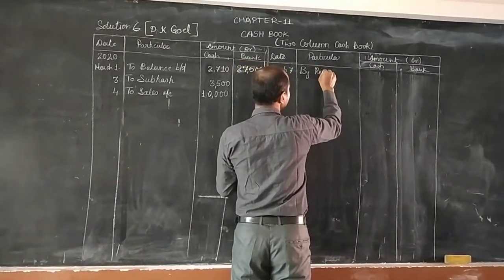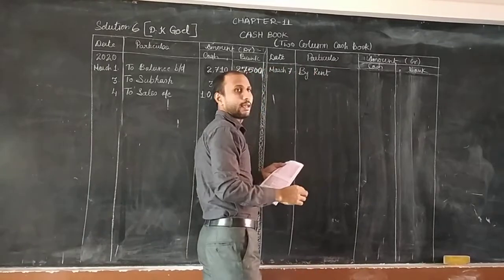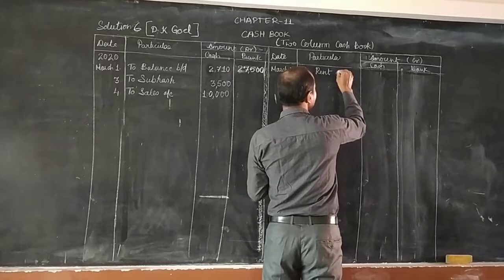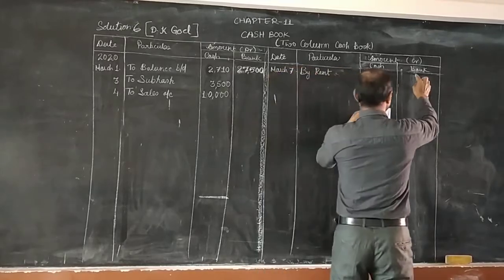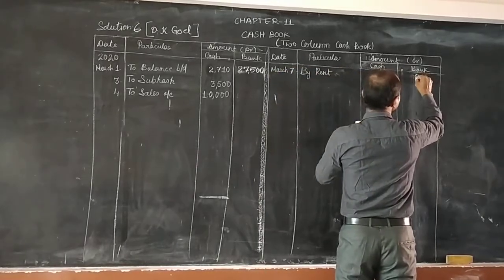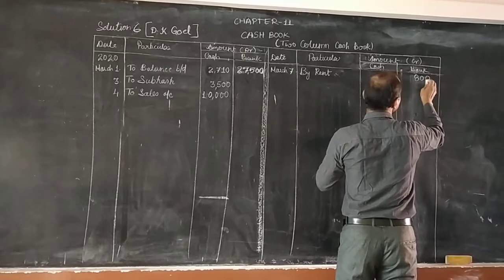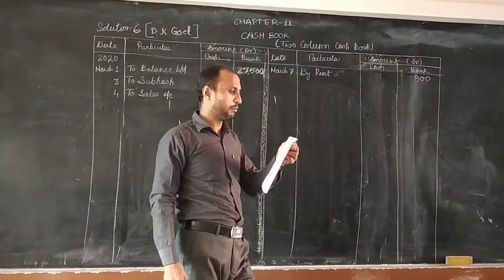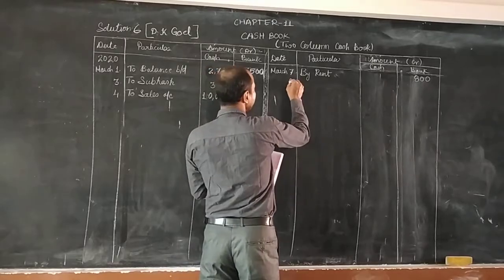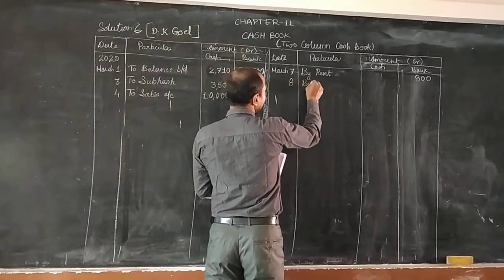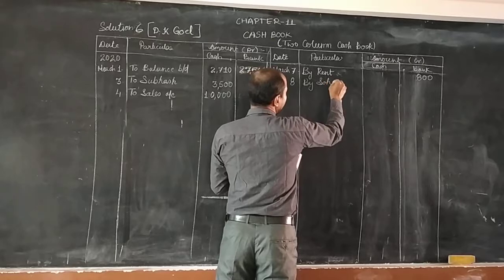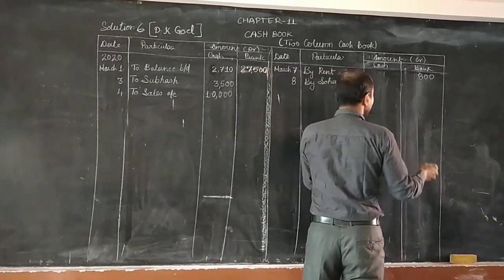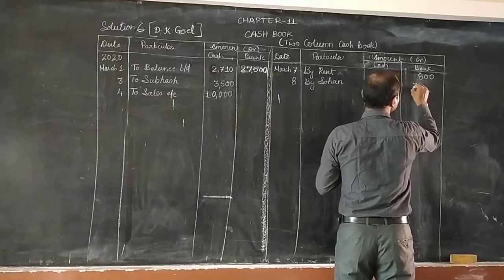Rent we are going to pay through the bank, so the subtraction should be from the bank. It is 800. It is clear? Now, paid Sohan by check. It is on the 8th, By Sohan, S-O-H-A-N. How much amount is there? 3,000. So it is on the payment side.